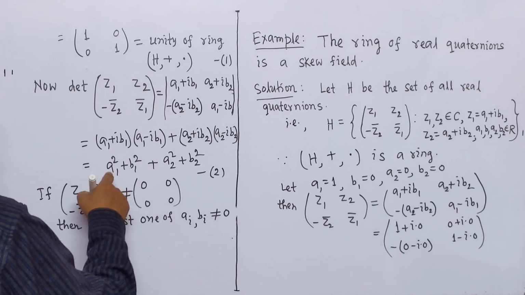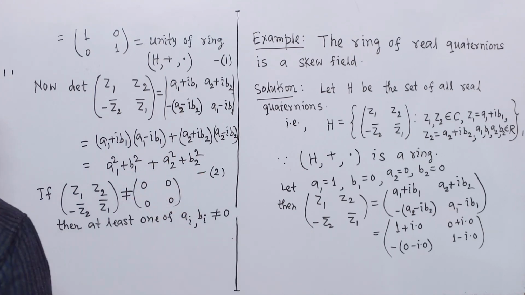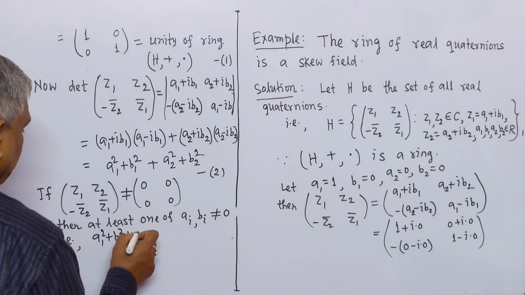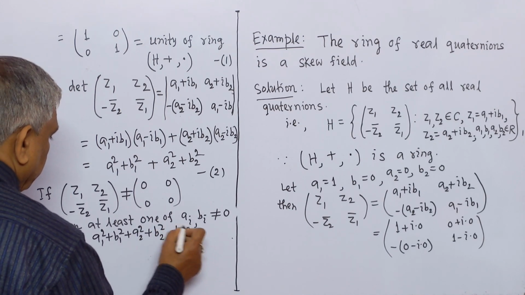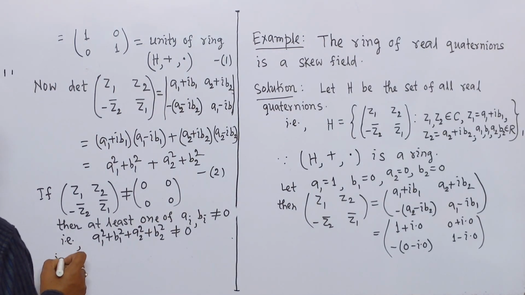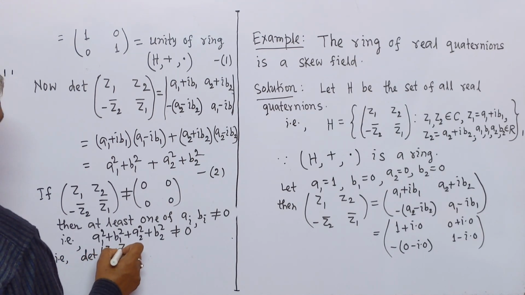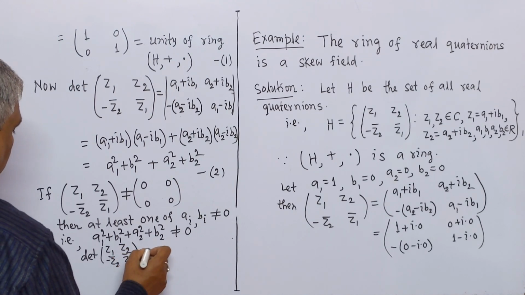Here at least A1 is not equal to 0, or B1 is not equal to 0, or A2 is not equal to 0, or B2 is not equal to 0. That is, A1 squared + B1 squared + A2 squared + B2 squared is not equal to 0. That is, the determinant of the matrix Z1, Z2, minus Z2 bar, Z1 bar is not equal to 0.